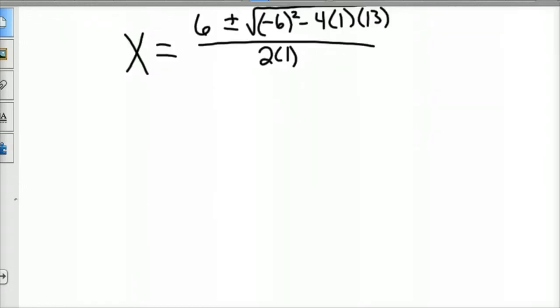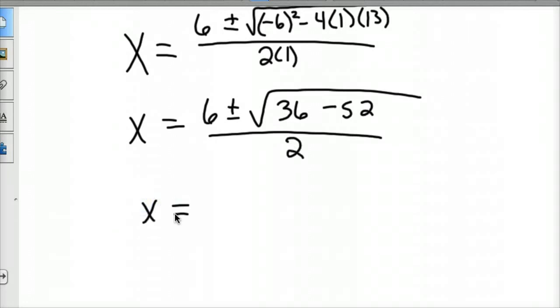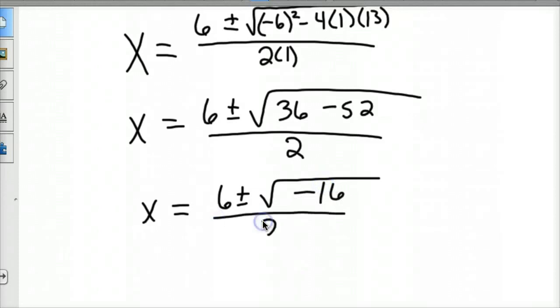And then just simplify that out. So x equals 6 plus or minus the square root of 36 minus 52 all over 2. That's 6 plus or minus the square root of negative 16 all over 2.